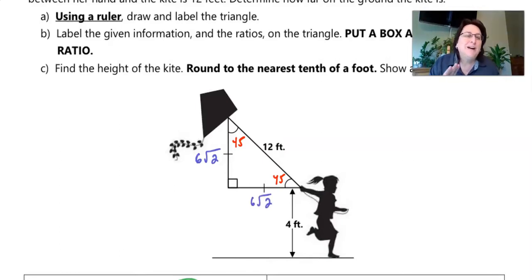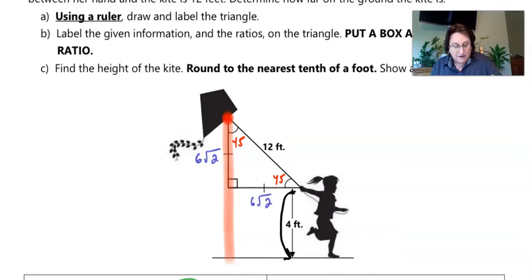It's asking us to find the height of the kite. Guys, that means that we want to find, and I'm going to highlight it, the distance from the kite all the way to the ground. So we want to find that entire height. Well, guys, if from her hand to the ground is 4 feet, then right here, this to the ground is also 4 feet.